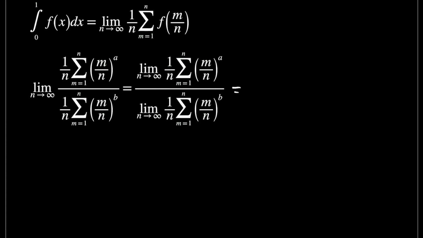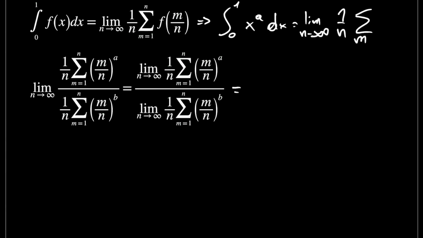And for our denominator, we're just going to choose x to the power of b. So in this case, we would have the integral from 0 to 1 of x to the power of a dx, and that would be equal to the limit as n approaches infinity of 1 over n times our sum from m equals 1 up to n of m over n to the power of a.